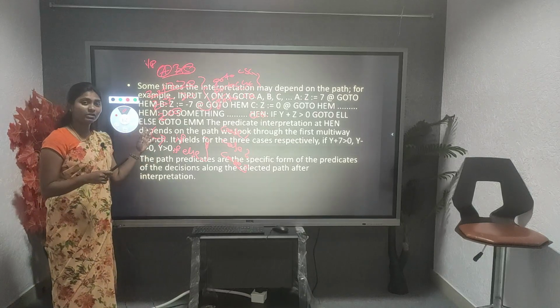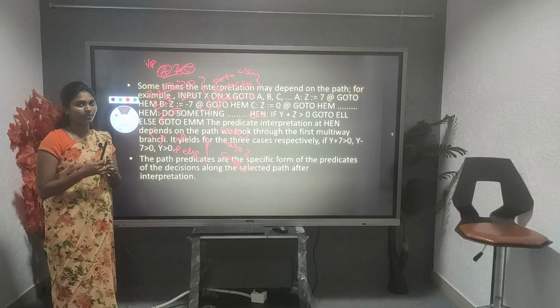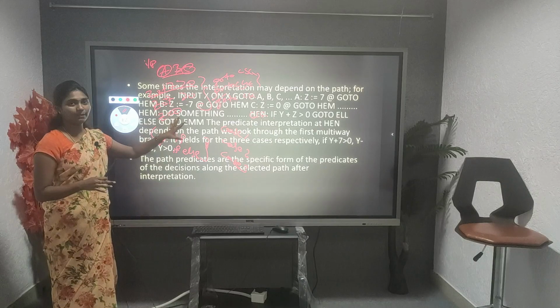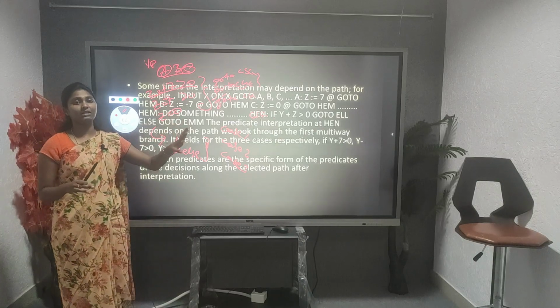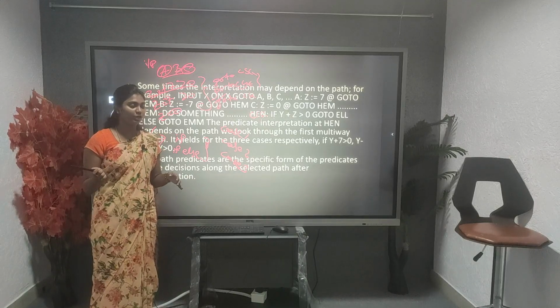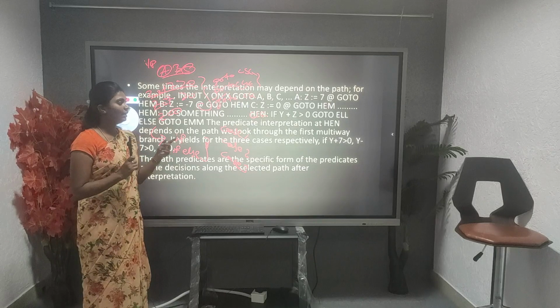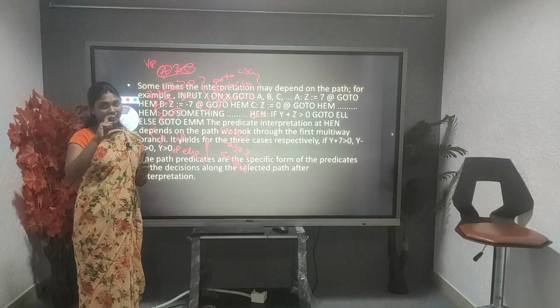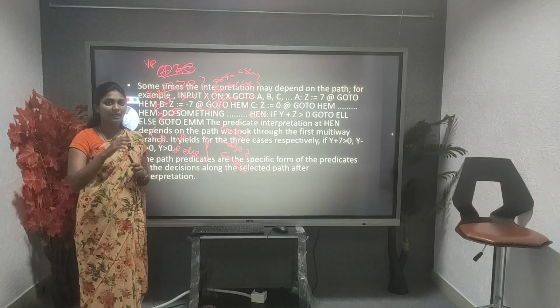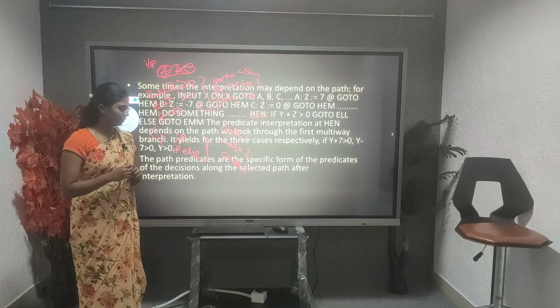These are the concepts involved in interpretation, where we can go through the case statements or the if statements. In this interpretation, we will know the predicate value clearly, by multi-dimensions or multiple paths.